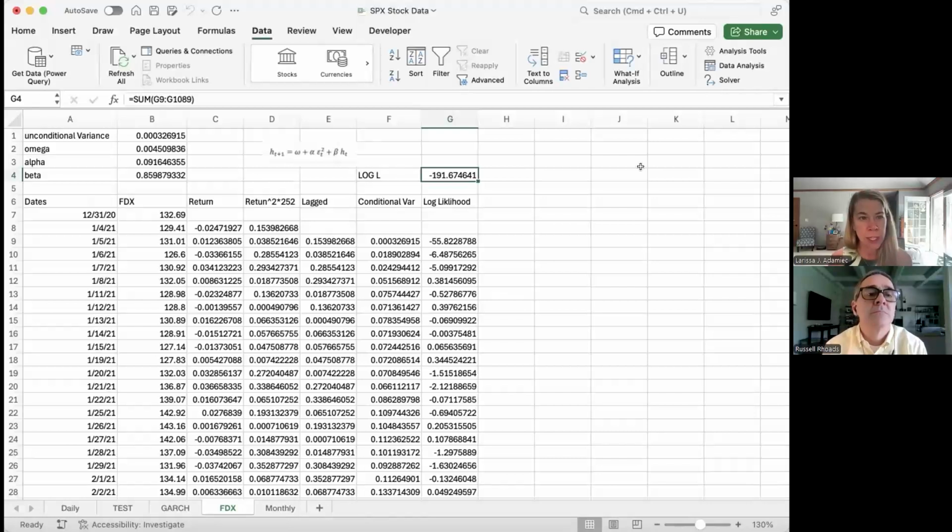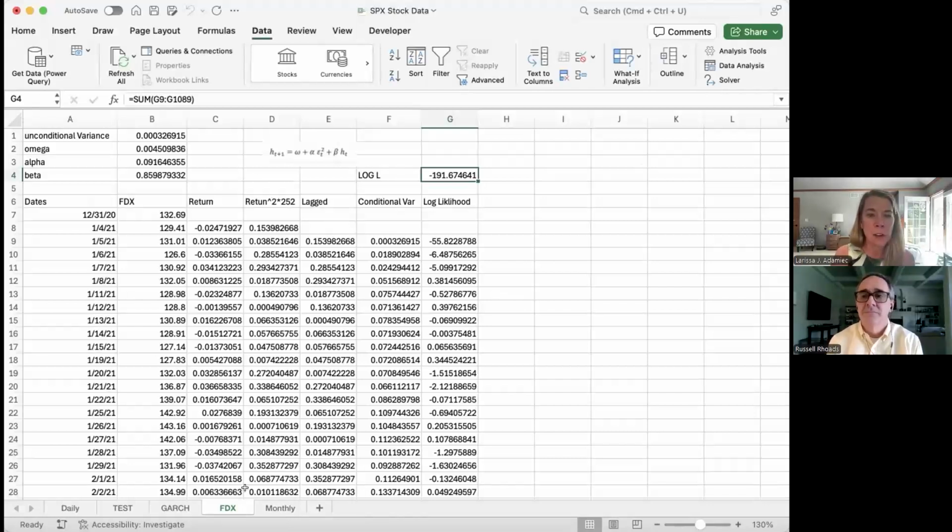And that's how we would then predict the next day's volatility. So what we did was we've created this model and we have calculated those coefficients. And that is the general autoregressive conditional heteroscedasticity model used for predicting tomorrow's volatility.